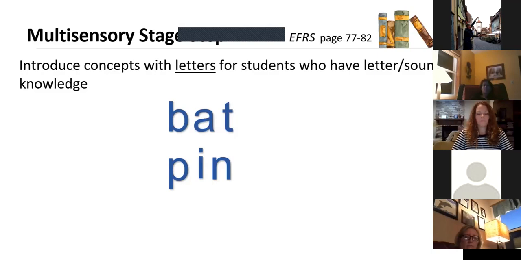So for example, if I have the word bat and I wanted to show the student what happens if you delete an initial sound, I can actually show them using maybe magnetic letters, or I could use a whiteboard and write the word bat, and then I'd remove that B and show them that bat becomes at. Another example would be if I wanted to show the students manipulation and substitution.